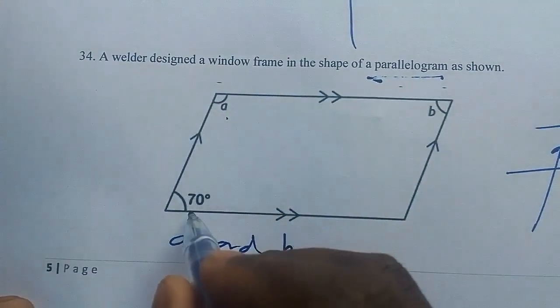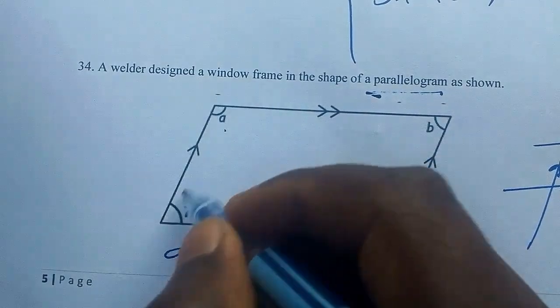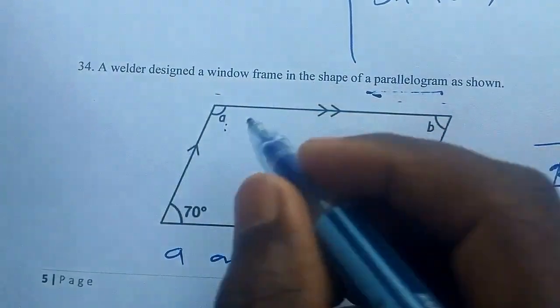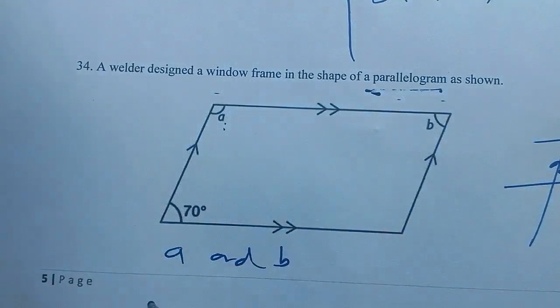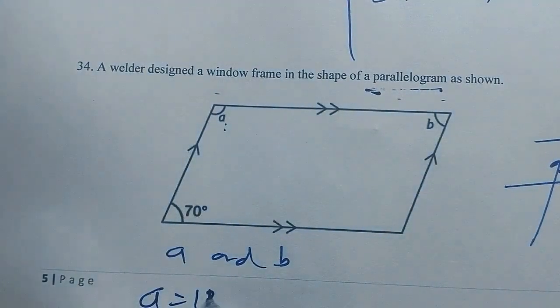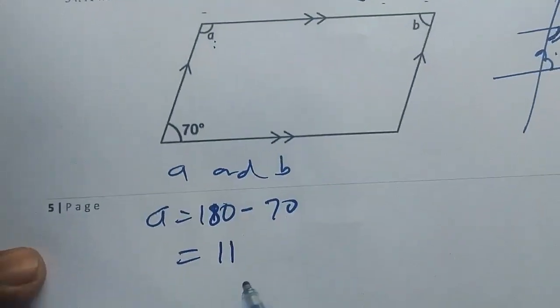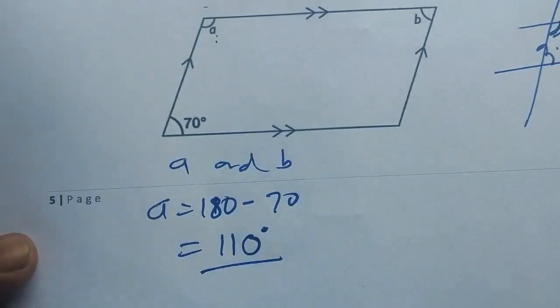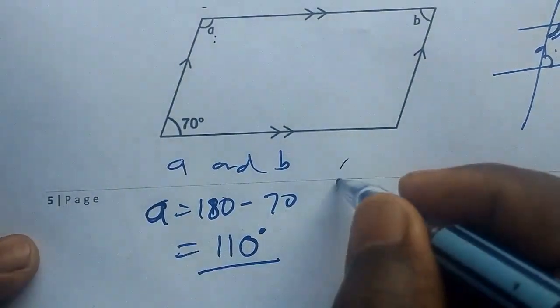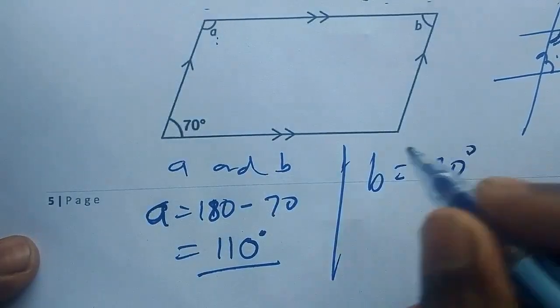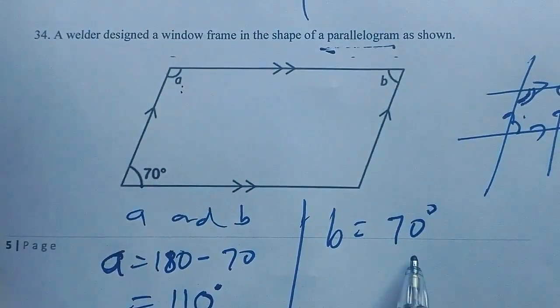So 70 is an adjacent angle to A, and adjacent angles add up to 180. Therefore, angle A is equal to 180 minus 70, which is equal to 110 degrees. That is A. B is equal to 70 degrees. This angle and that angle are equal.